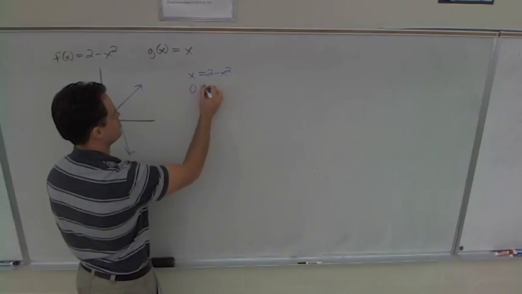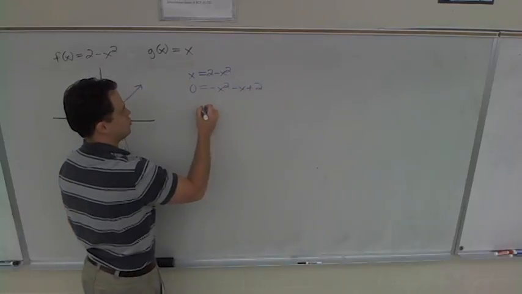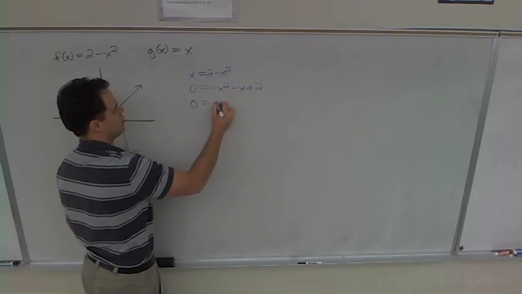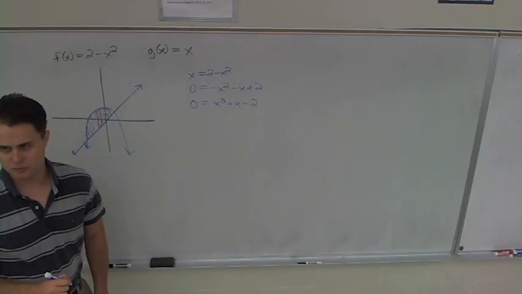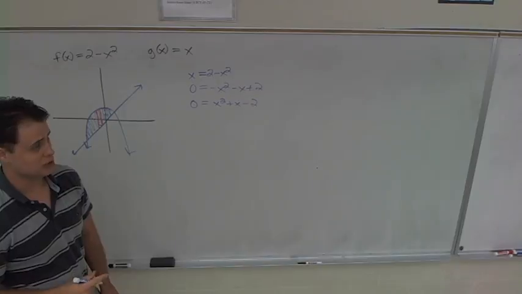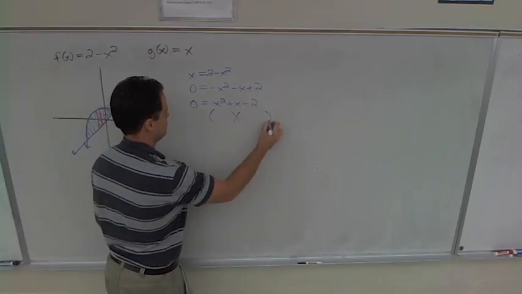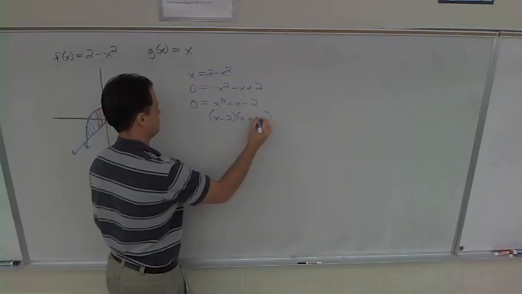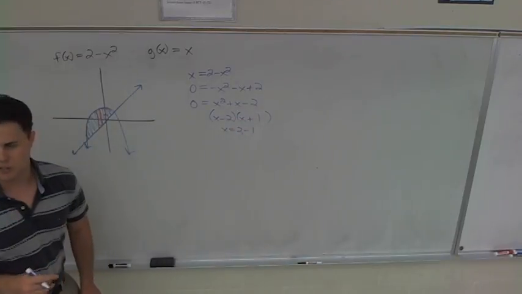So I'm going to set this to 0. So like that, multiply through by -1. And does it factor? Could use the quadratic formula if it didn't, but it does. So now I'd eyeball this and see if that makes sense.